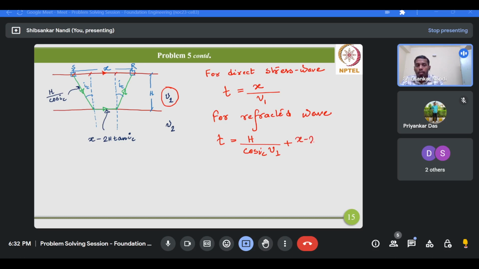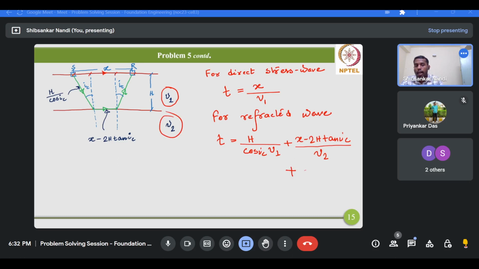So x minus 2h tan IC. Now in this case the velocity would be v2. Distance upon velocity will give you the time, but in this case the refracted wave is moving with the velocity of the lower layer, that means v2.